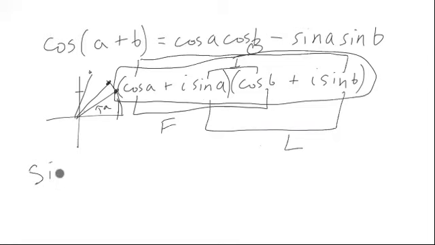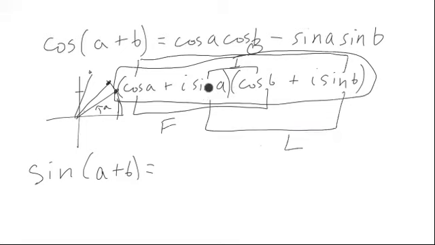So we should be able to write down this formula as well: sine of A plus B. What is that? Sine of A plus B is just the imaginary part of this, but we're going to ignore the i. So that's the I plus the O, where we're ignoring the i.